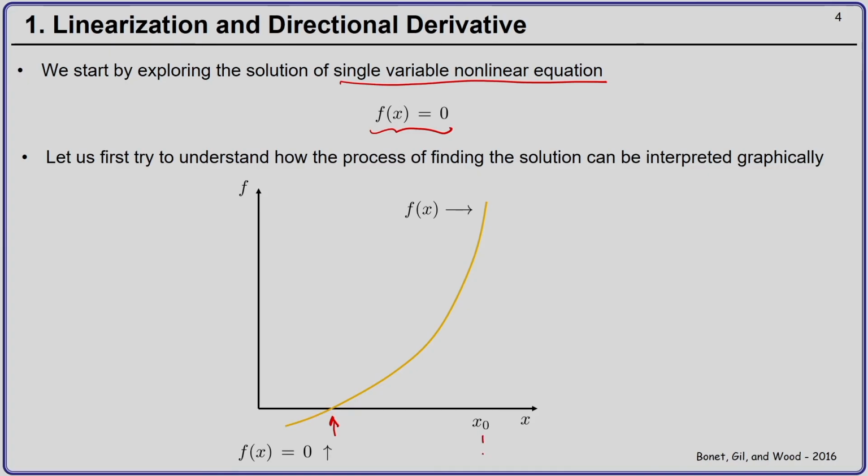So, say x 0 is the initial guess that you start with, and then as you know x 0, you know the value of f of x 0. Now, you can see f of x 0 is not equal to 0. So, that means x 0 is not the solution.